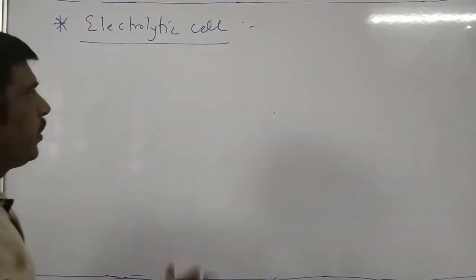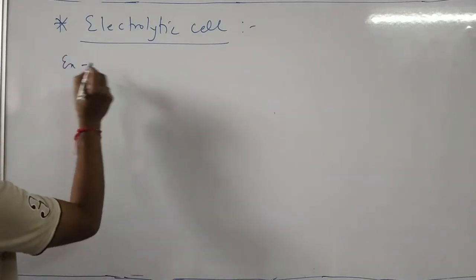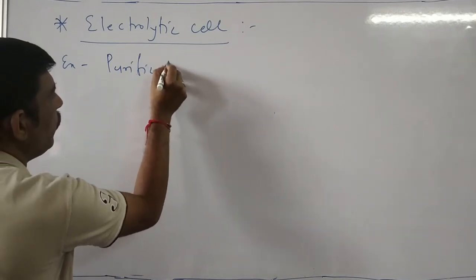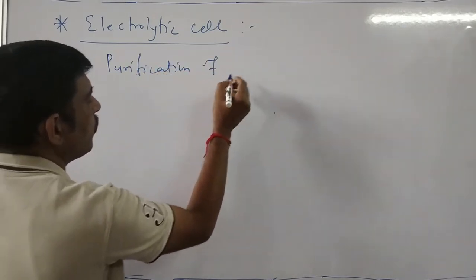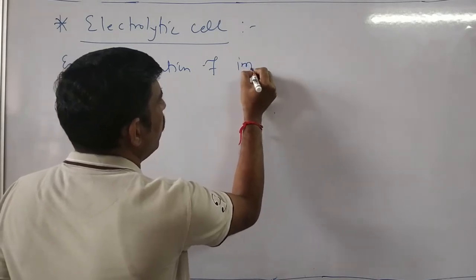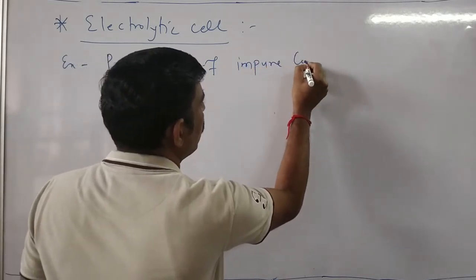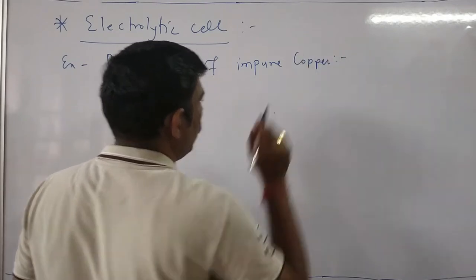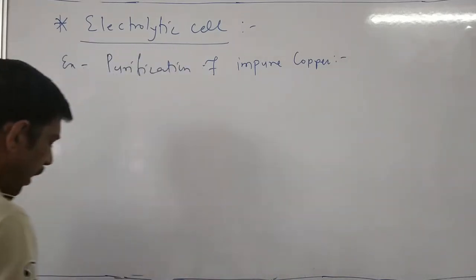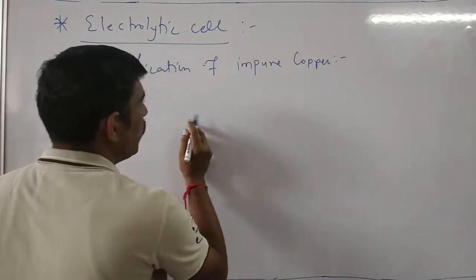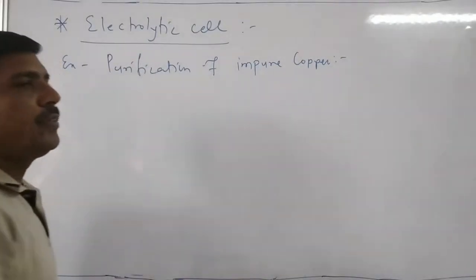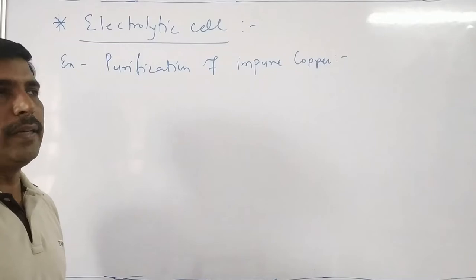An example is the purification of impure copper. Here we are using only one part. If you want to do the purification of copper, then we use copper sulfate as the electrolytic material.